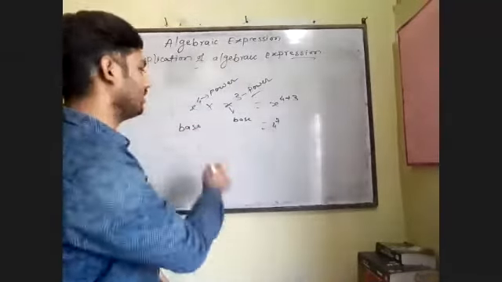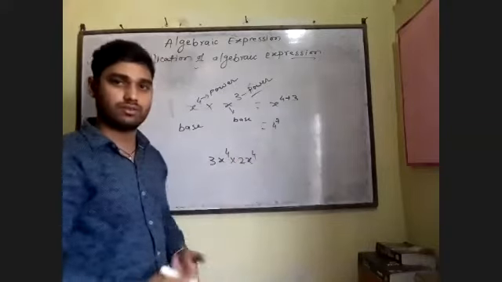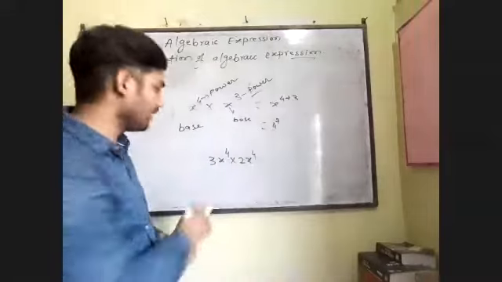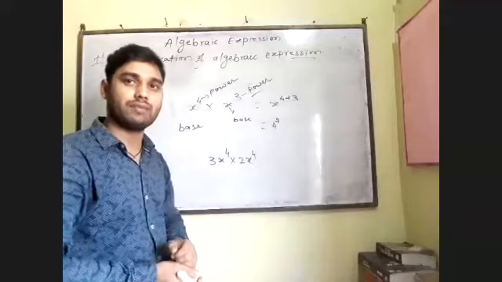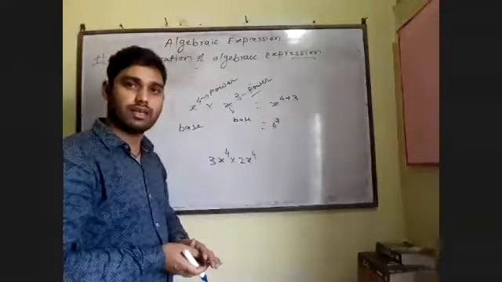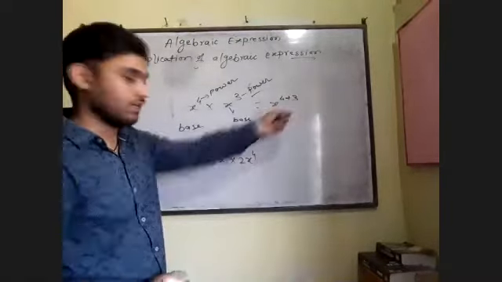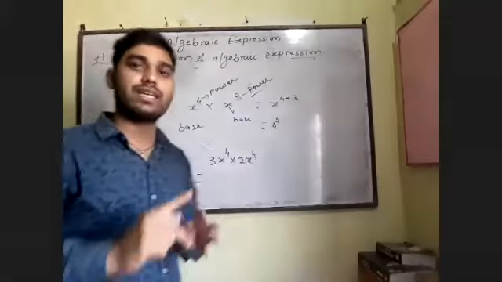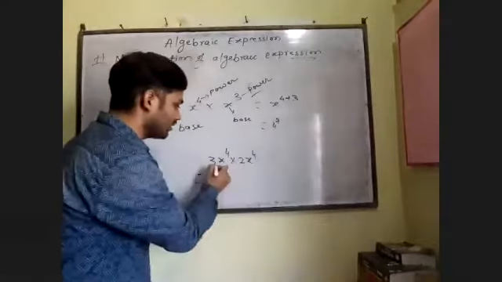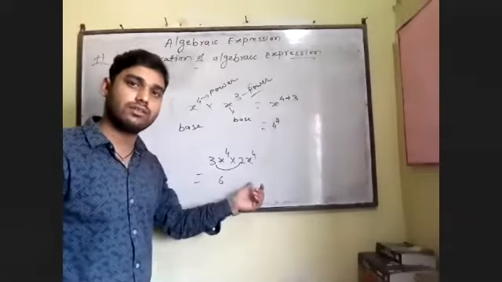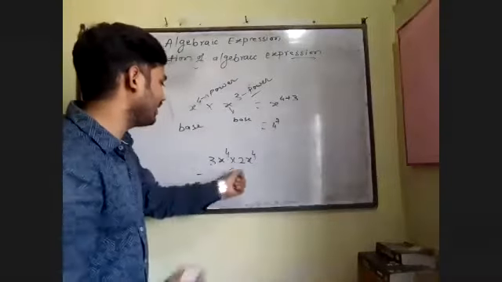Understood? So if the question is to multiply 3x to the power 4 and 2x to the power 4, where will you make the mistake? You will multiply 4 and 4 to get 16. At that time you will make the mistake. So we don't have to do it like this. We multiply the coefficients, so it becomes 6. Now the variable is x.